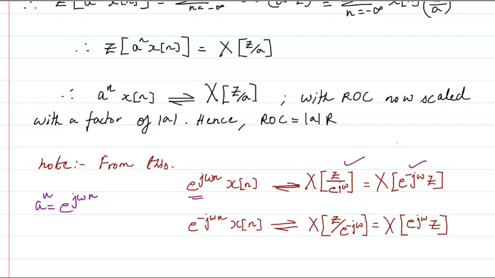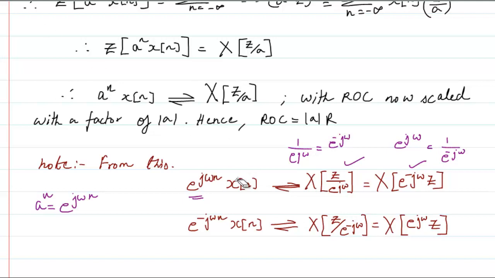If e raised to power j omega is in the denominator, I can write it as e raised to power minus j omega in the numerator. This is something that you already know. So that is what we have used here.